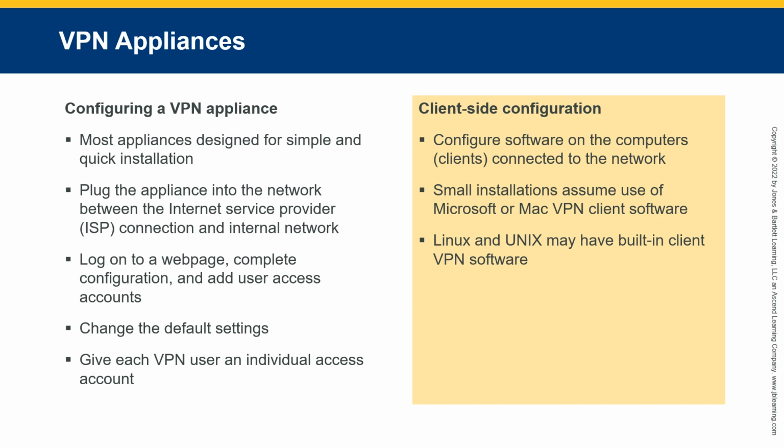And what you want to do is provide each VPN user an individual access account. So you don't want to have a singular account that gets shared among all users. Every user needs to have their own unique account.